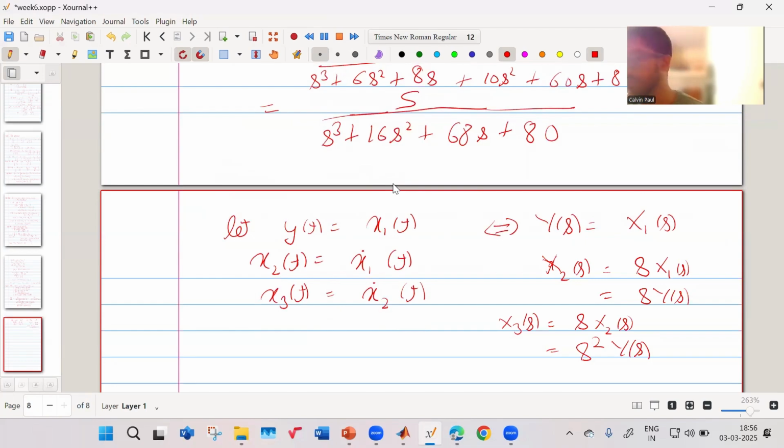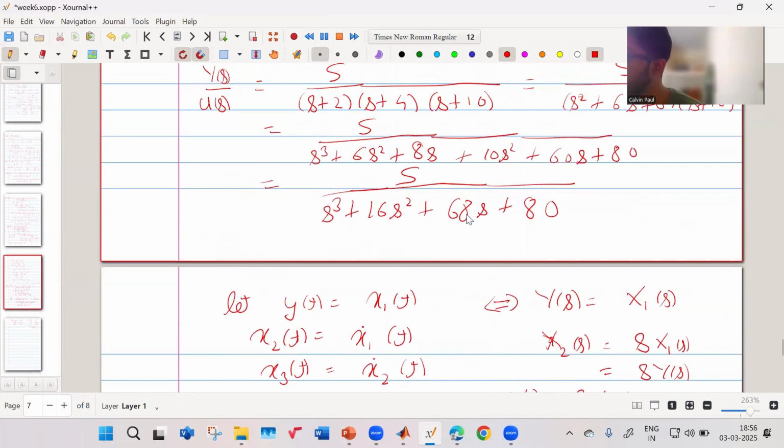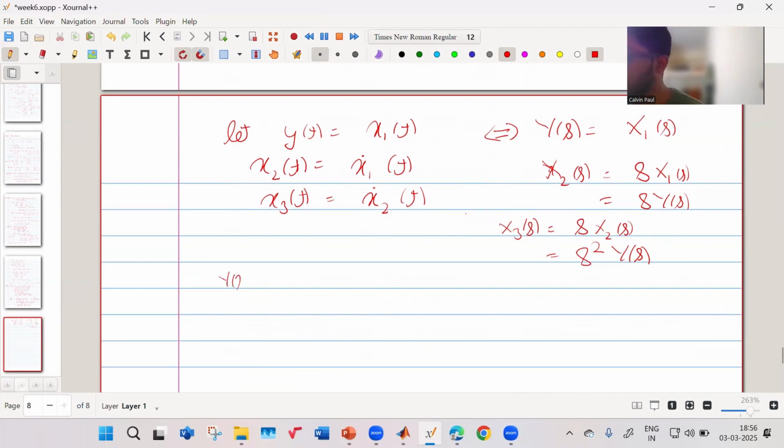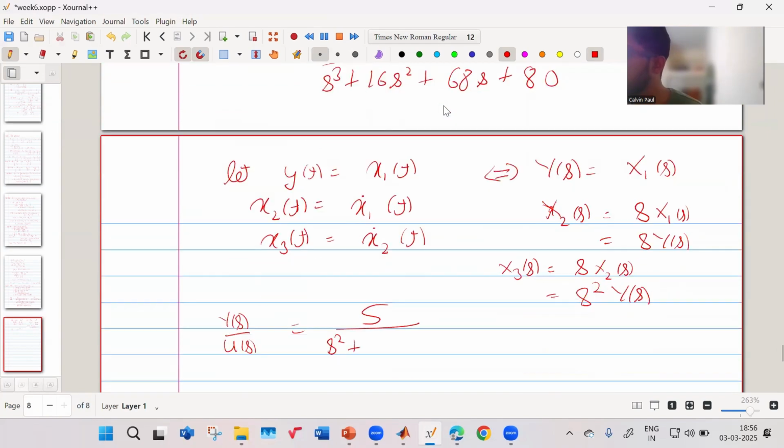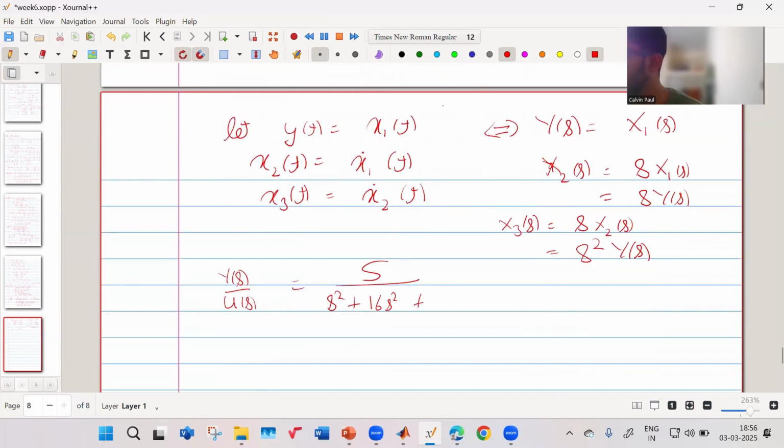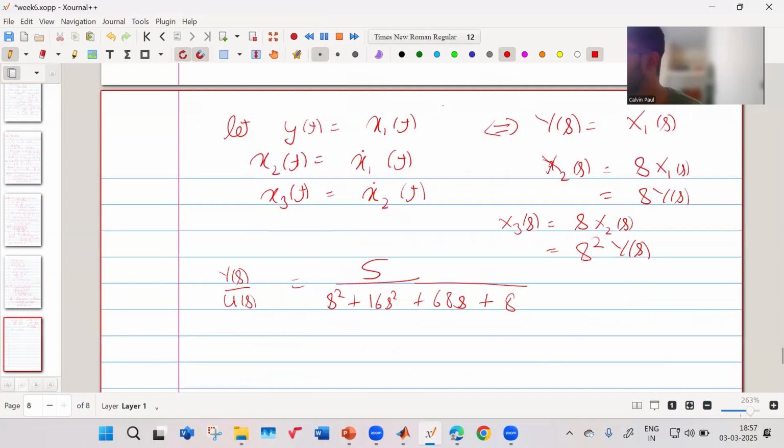Okay, so what we do is we cross multiply y of s upon u of s. We have written it as 5 upon s cube plus 16s square plus 68s plus 80, right?